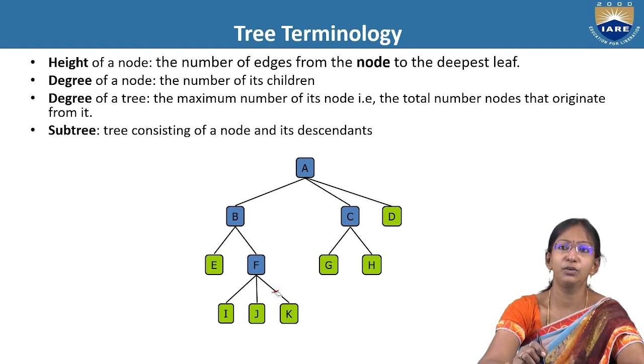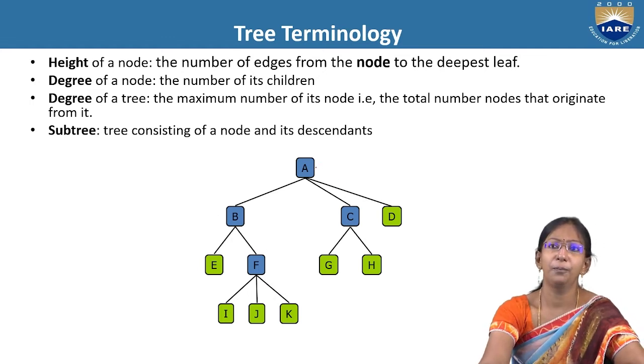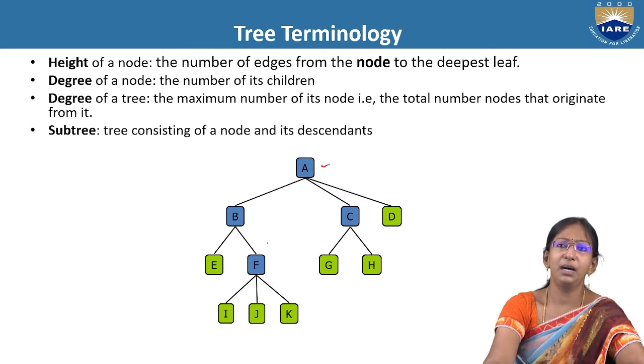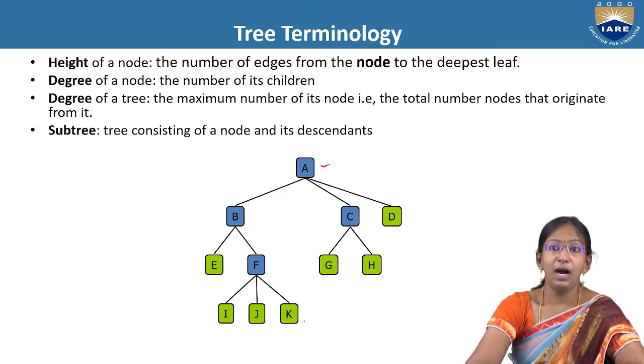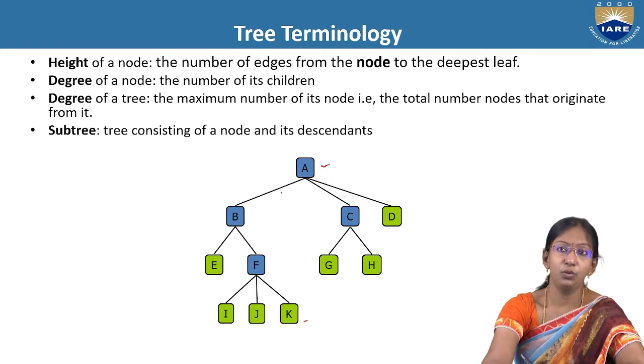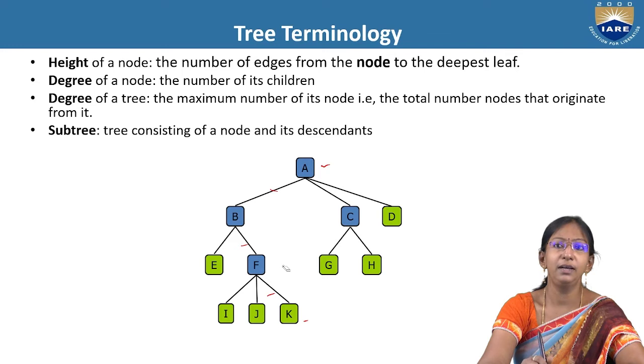Say, what is the height of the root node A? So what is the deepest leaf, that is at the last level, you can say. I, J are at the last. So 1, 2, 3. 3 edges, right? So height of A is 3.